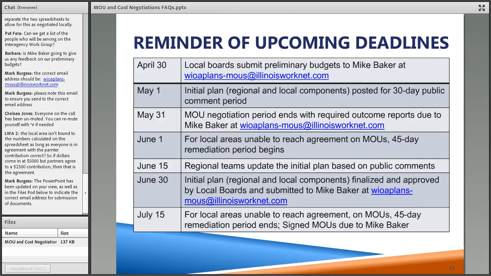Yeah, in terms of a strict, and Mike can weigh in on this, the only requirement that is in the governor's guidelines as revised is for one preliminary budget for PY16 to be submitted by the deadline. There is no expectation that you submit two, one for 16 and one for 17. So that wouldn't be necessary. That's an exercise they should probably do.